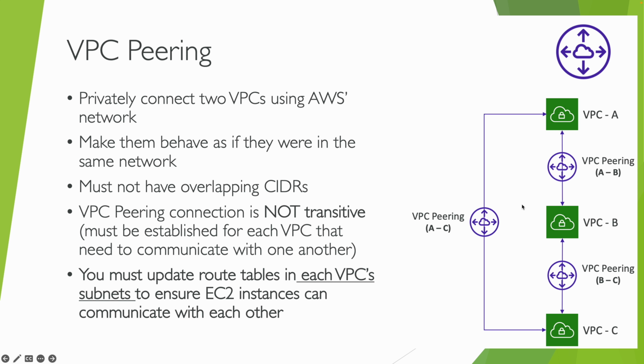Obviously they are in the same AWS network, but they are created in different VPCs. When you create a VPC peering between two VPCs, they act as if they are in the same network.